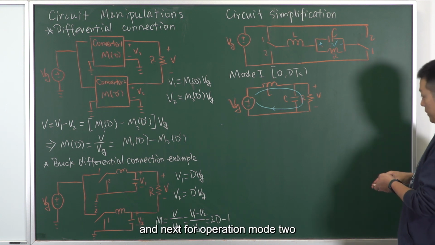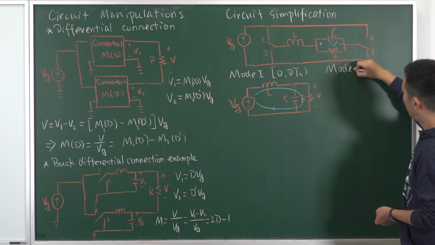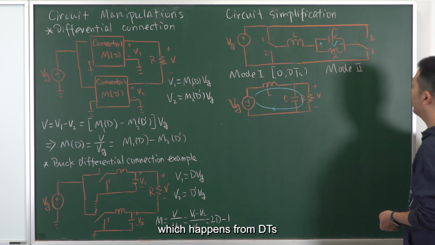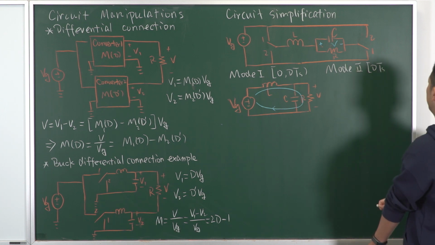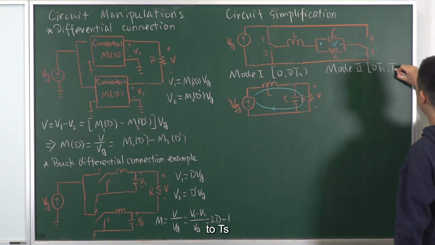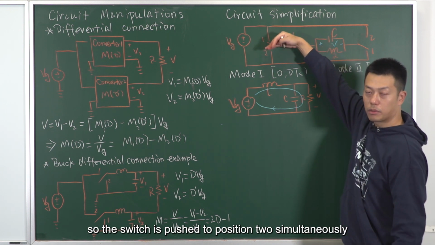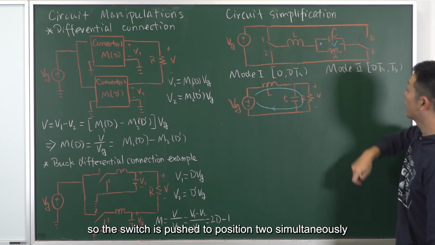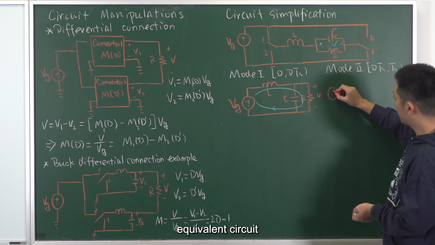And next, for operation mode 2, which happens from DTs to Ts, the switch is pushed to position 2 simultaneously. So again, we can plot the equivalent circuit.